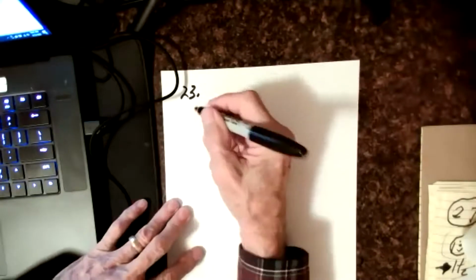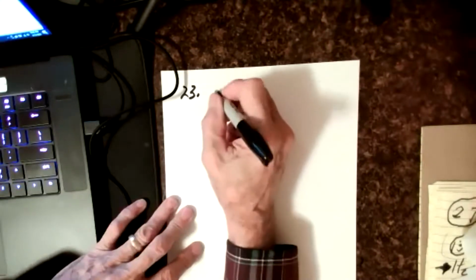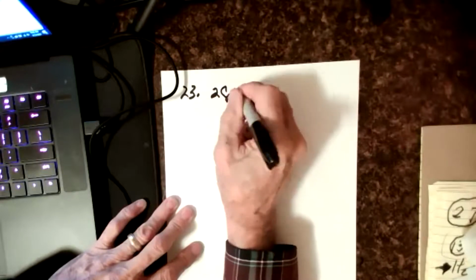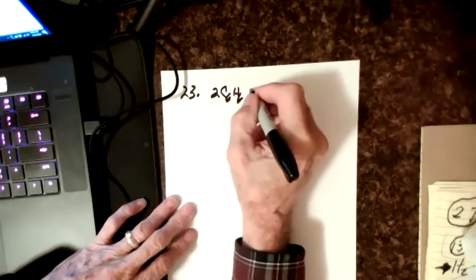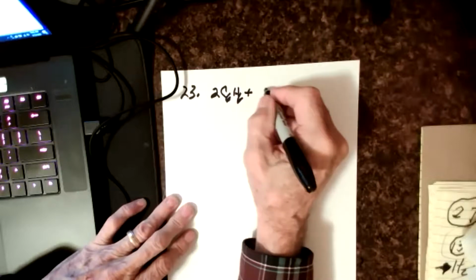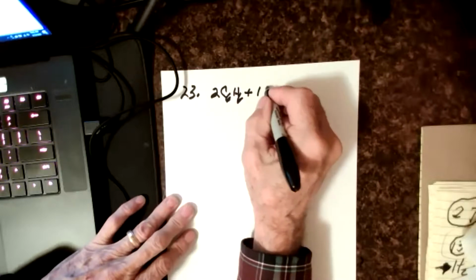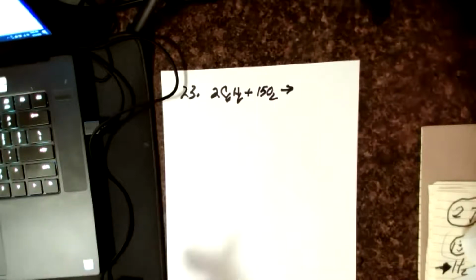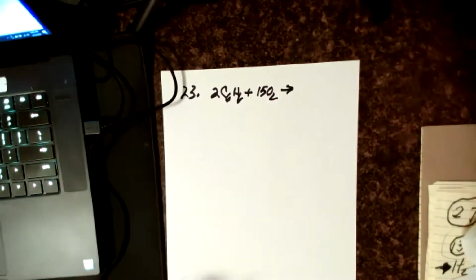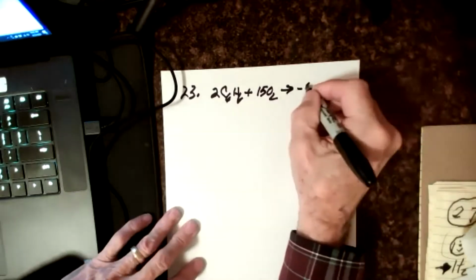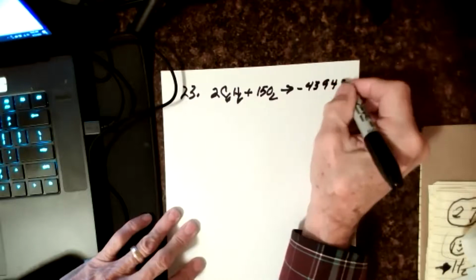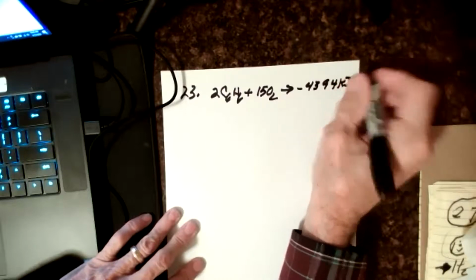It's number 23. I want to use benzene, and it's showing 2 C6H6. And I'm using oxygen, and it's showing 15 O2s. And the heat flow, I'm going to read what it actually says, is minus 4394 kilojoules for the reaction.